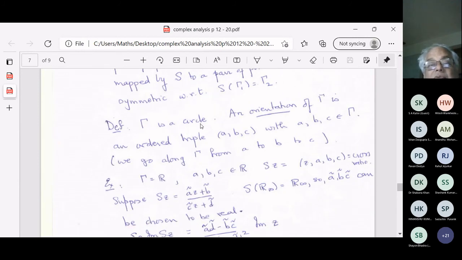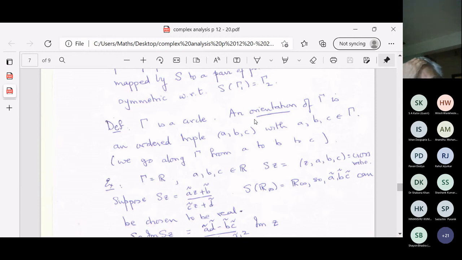And Mobius transformations preserve orientation. What do I mean by orientation? If you have the straight line which is the real axis, and you have two points, say I choose the points 0 and 1 on the real axis. How many ways can I go from 0 to 1 along the real axis?